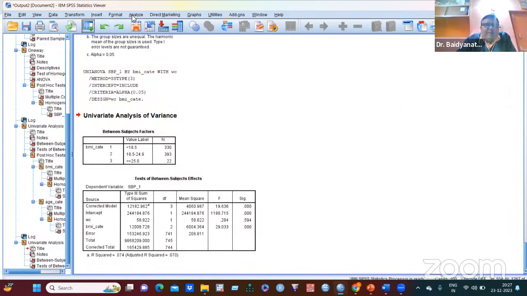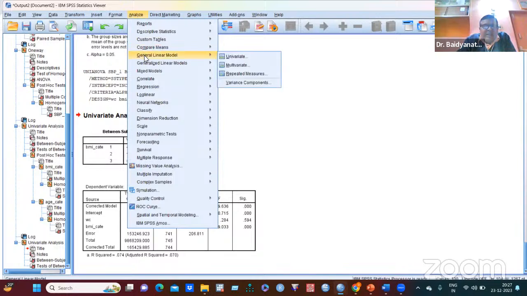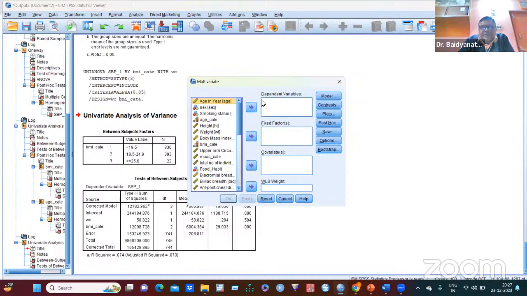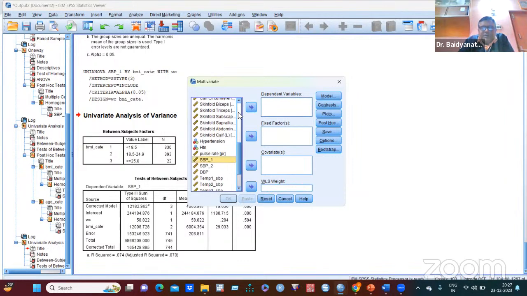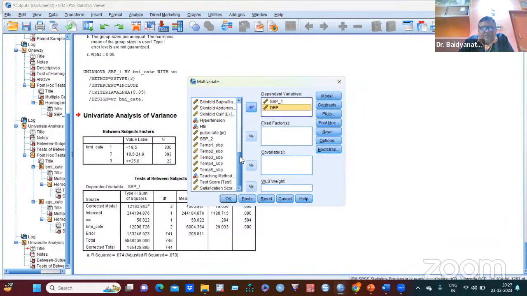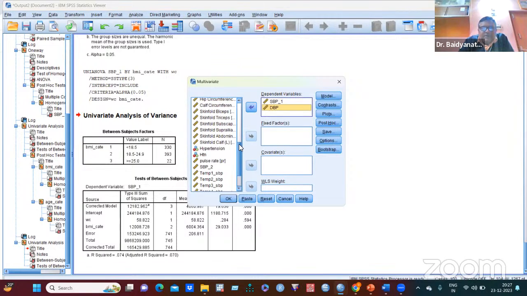So I again go to Analyze and General Linear Model, that is not univariate. I go to multivariate. So let's check here. The dependent box is large, so we can put so many dependent variables here. I put systolic blood pressure, diastolic blood pressure, and pulse rate also.